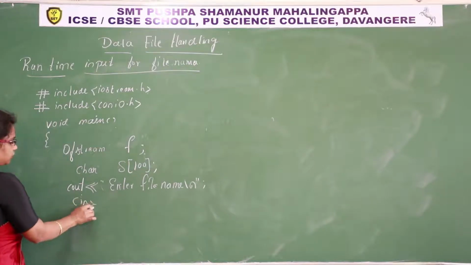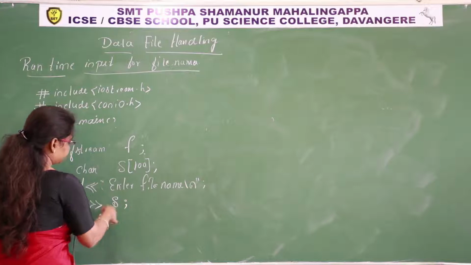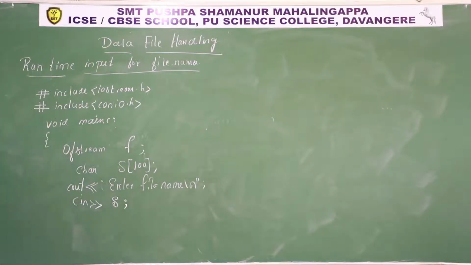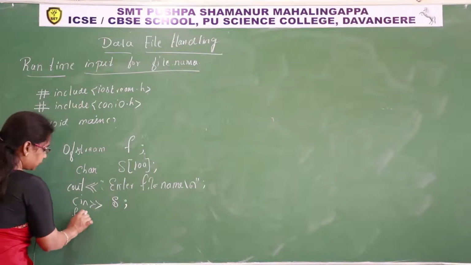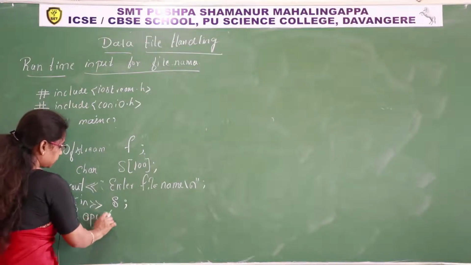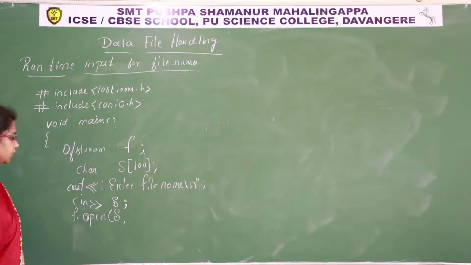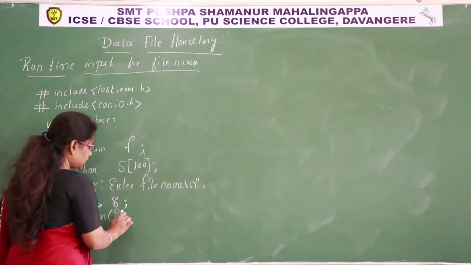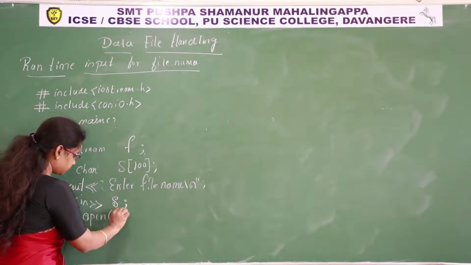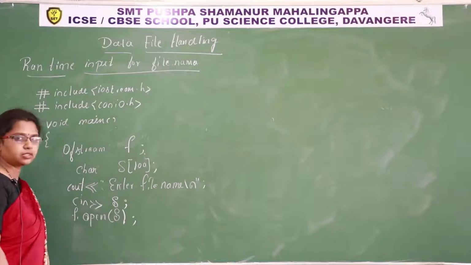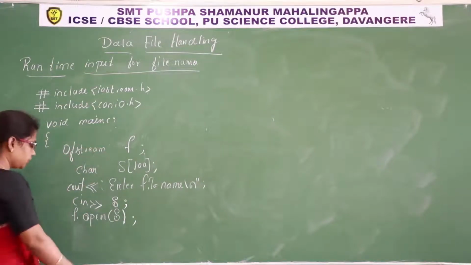Then cin, s. Now we shall call the open function. To this function I have to pass s. Open, then which mode? By default it's understood because I have taken f as an ofstream object.